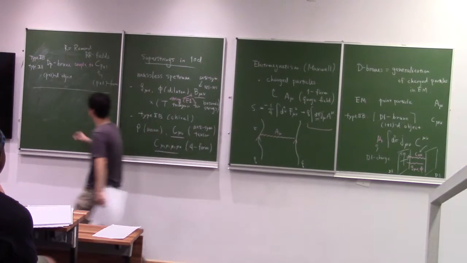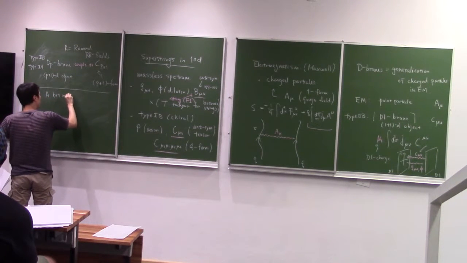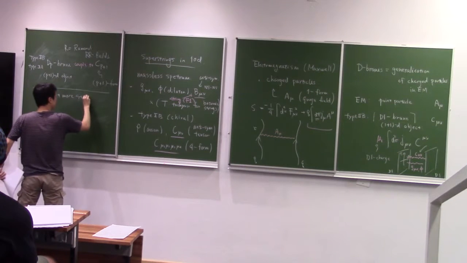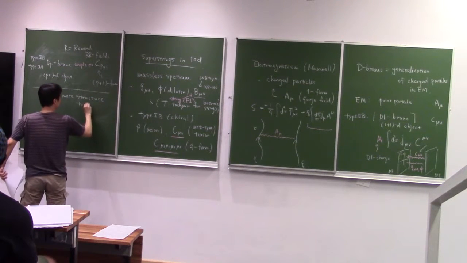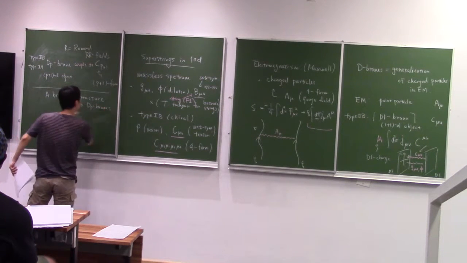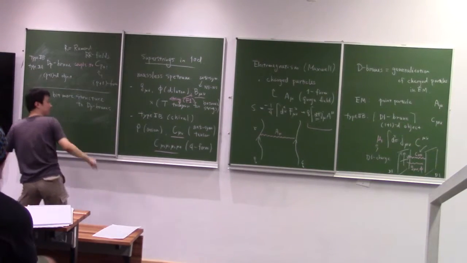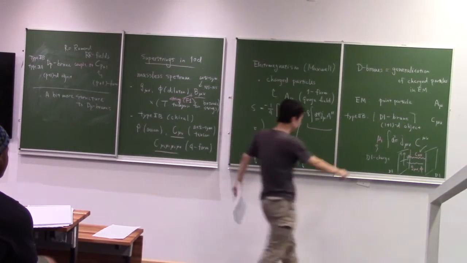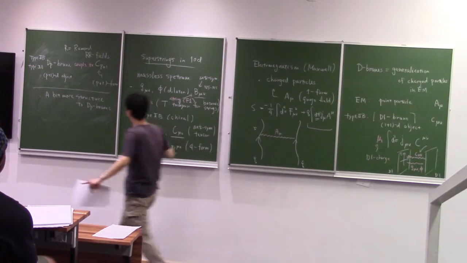And so there's a bit more structure. This is where, for example, D1-brane differs from this fundamental string.